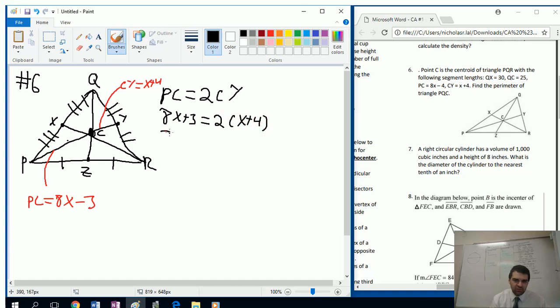Distribute the 2. 8x plus 3 is going to be equal to 2x plus 8. So you got to be able to keep up with these steps here. Let's subtract 2x. Subtract 2x. 6x. And let's also subtract 3 here.